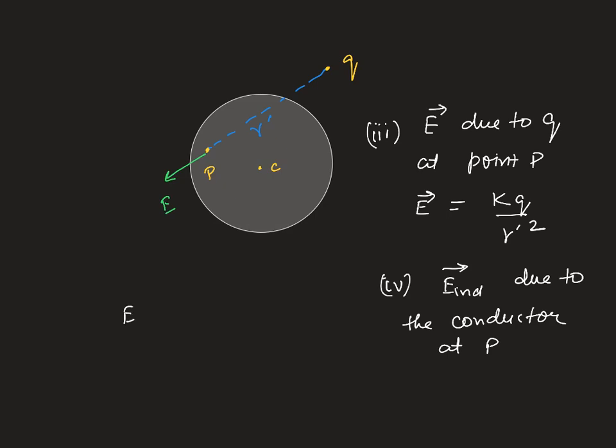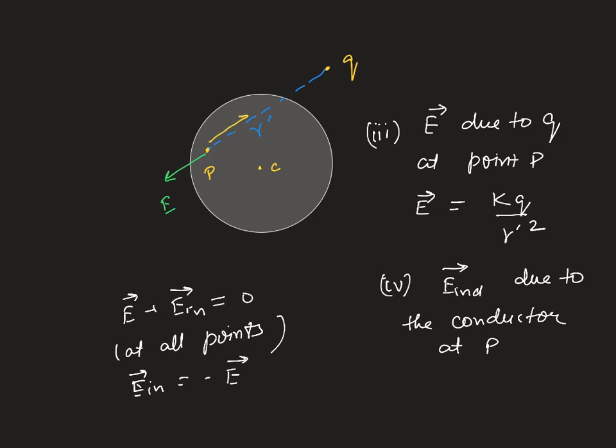We know that E plus E induced is equal to 0 at all points inside the conductor. So if the net field is 0 at all points inside the conductor, we will simply get E induced as negative of E, and negative of E would simply mean that the induced field is in the opposite direction.